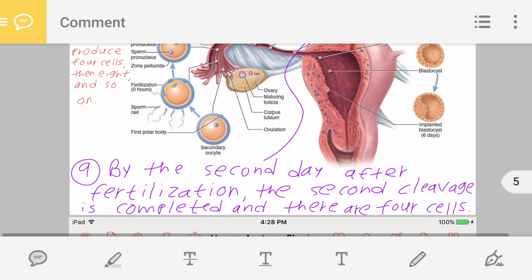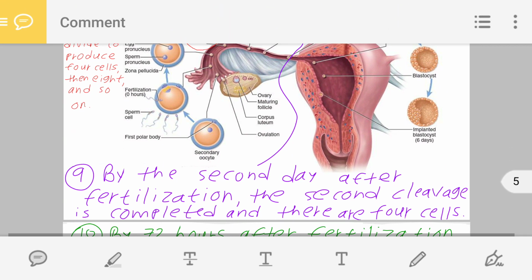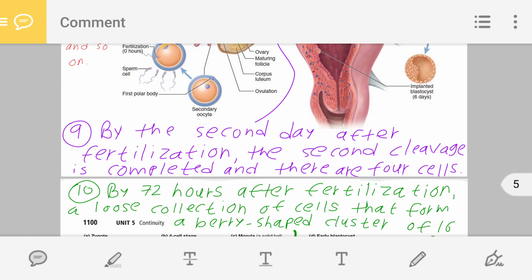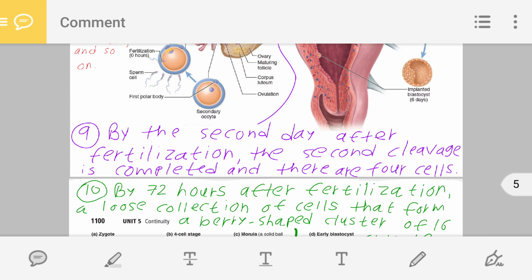So at the end of the second day, the second cleavage division, which is a mitotic one, is completed and 4 cells are produced. So after the second day, 4 cells are produced. Okay, production of 4 cells.